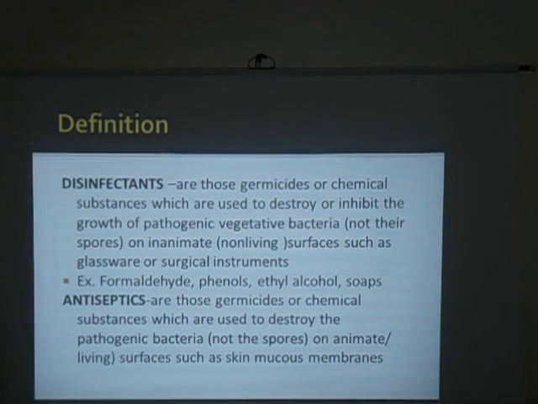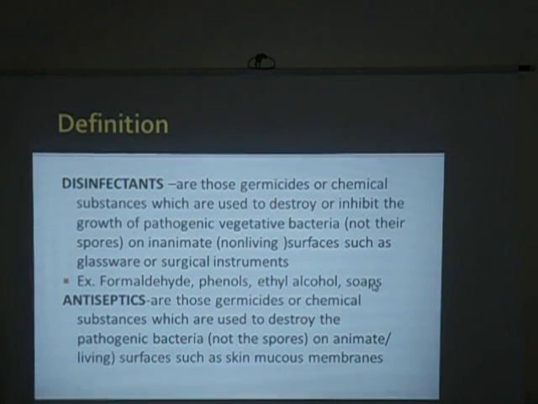So what is the term here? Those are the germicides or chemical substances which are used to destroy or inhibit the growth of pathogenic vegetative bacteria on inanimate or non-living surfaces such as glassware or surgical instruments. Okay, so here we are speaking about the instruments. The medicines or drugs which we can use here are formaldehyde, phenol, ethyl alcohol and soap.